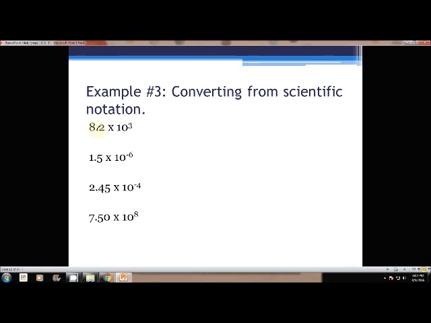So I'm going to go right, 1, 2, 3. Just like we did on video 1 where we spot filled zeros, we're going to spot fill zeros here too. So I have 8 and my 2 are left over, and then I have a 0 and a 0. So 8,200. If you want to put a comma, you can, but you don't have to.